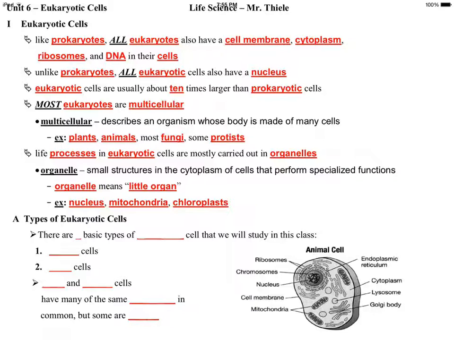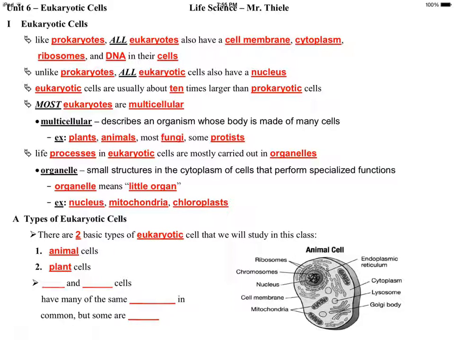Okay, now for simplicity's sake in this class, we're going to simplify things and talk about really just two basic types of eukaryotic cell. These are animal cells and plant cells.